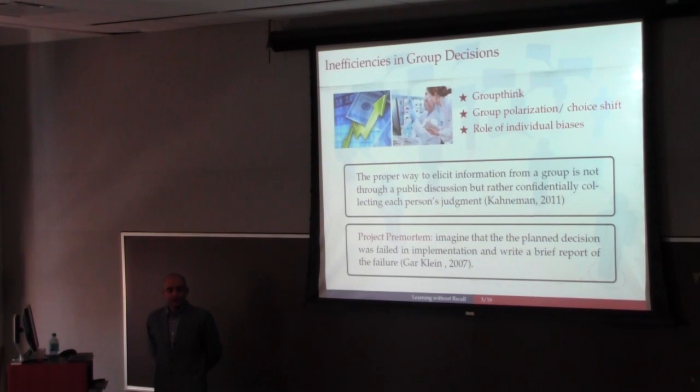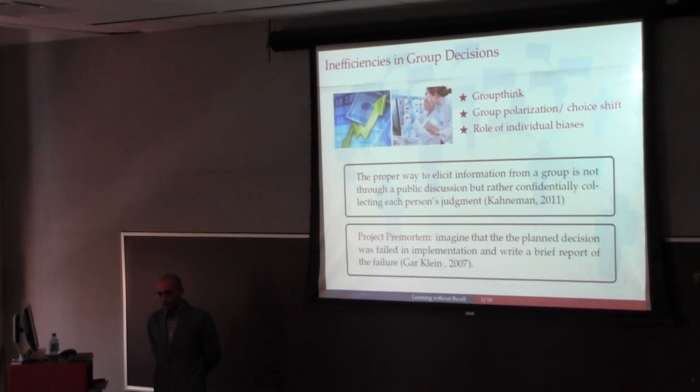There are many inefficiencies associated with group decision-making, and they have been analyzed in social psychology and economics and other related fields of study. For example, groupthink is one inefficiency of group decision making that has been singled out.